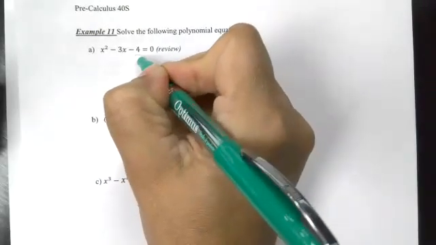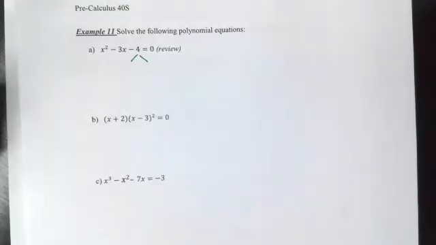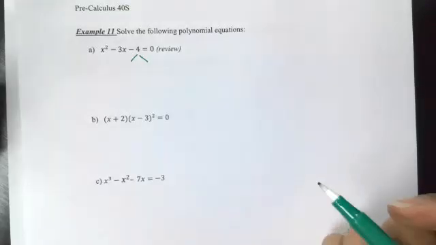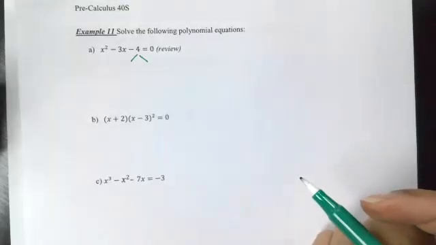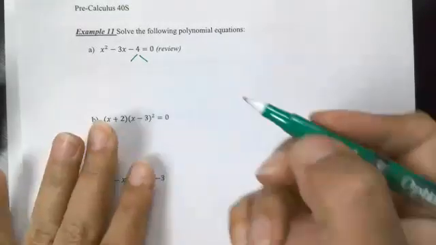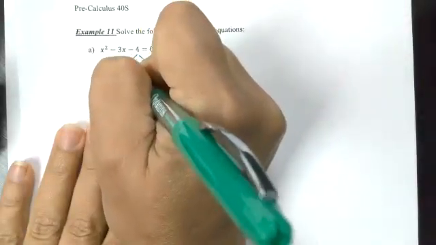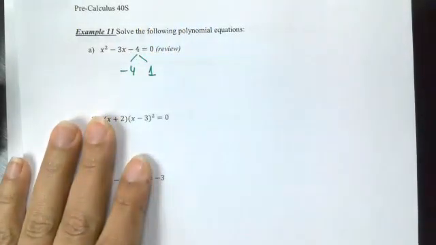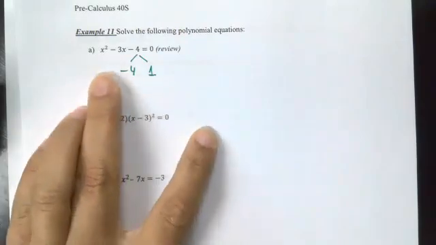So I go to -4. Can I find 2 factors of -4 that add up to -3? -4 times 1, right? Add up to -3.